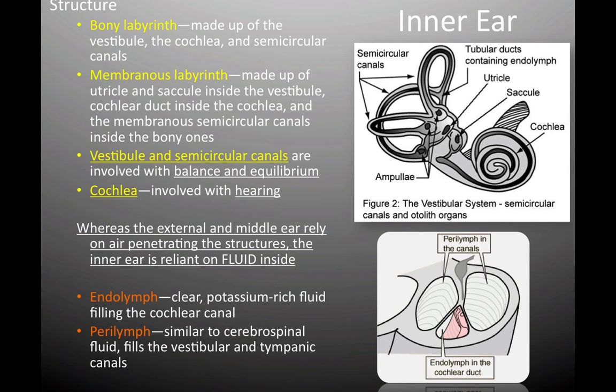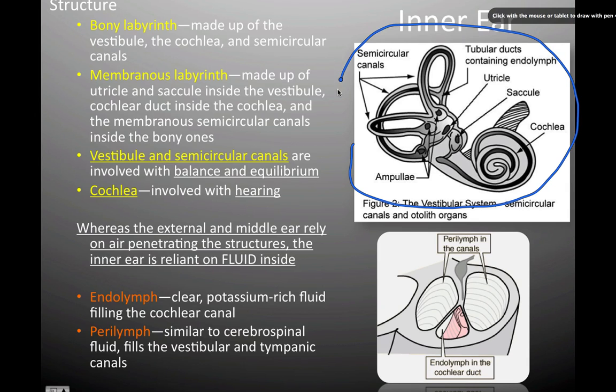The structure of the inner ear is made of a lot of different parts, so we'll go through them one at a time. We have the bony labyrinth, which is made of a vestibule, the cochlea, and the semicircular canals. We're talking about all of this structure here, and all of this is encased in bone.